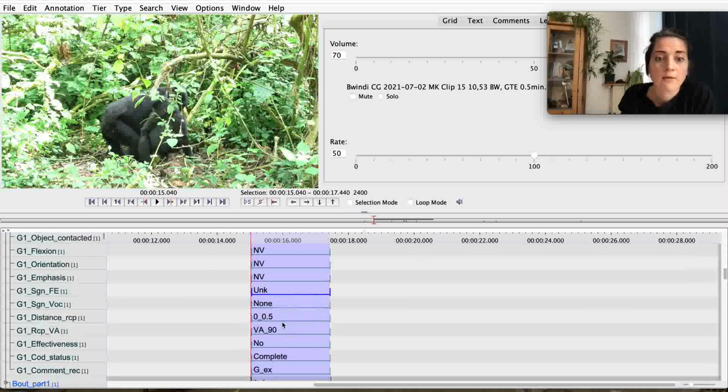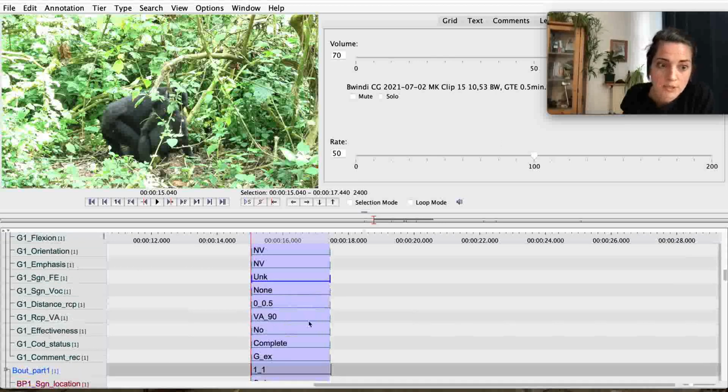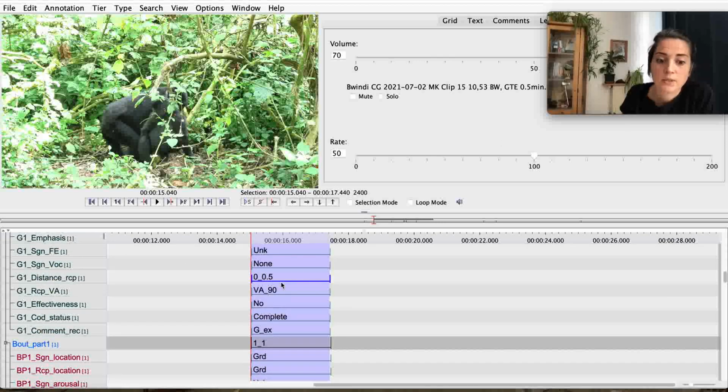Then we mark whether the gesture was accompanied by a facial expression or by a vocalization, and we mark the distance between the interacting individuals. The idea of this tier is to see whether any social factors might influence that.